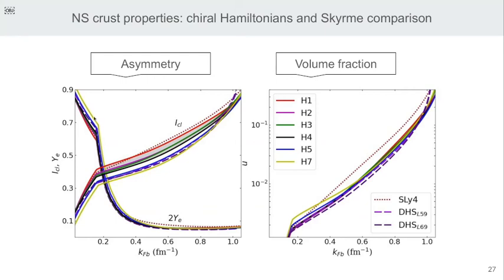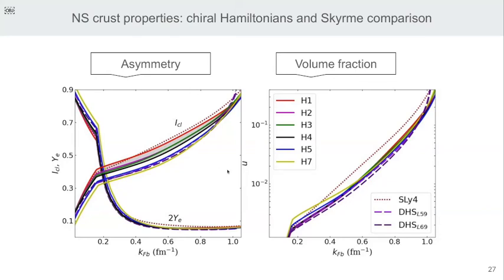And you can see that this electron fraction is pretty well constrained; we don't see much difference among the Hamiltonians, while we see a small difference for the Skyrme prediction. And the cluster asymmetry also shows the prediction of this. I keep the band that I showed before for the H1 to H4.